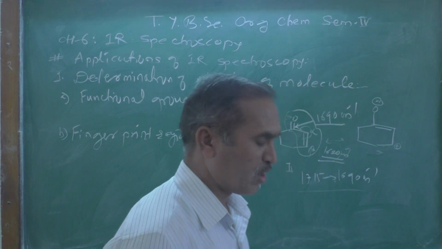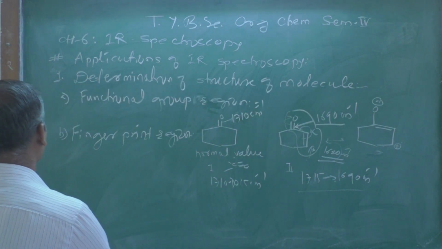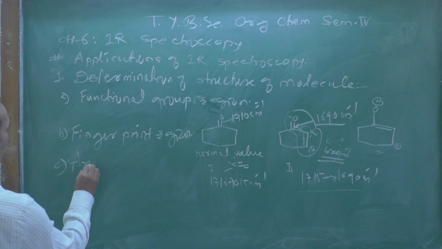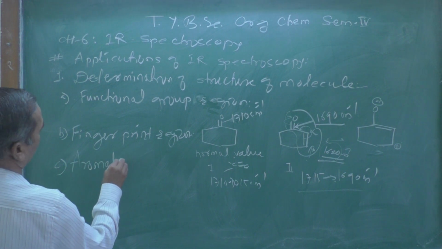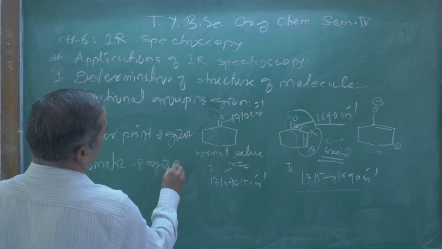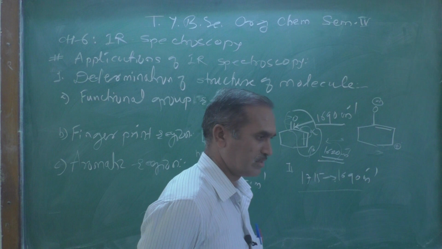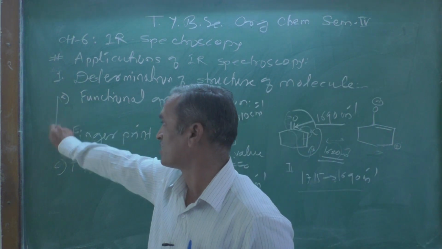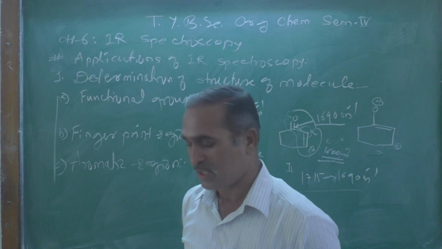Now let us move on to the third point, the C over here, the aromatic region. As we know, this is the functional group region belonging to these three, that is, the aromatic region.